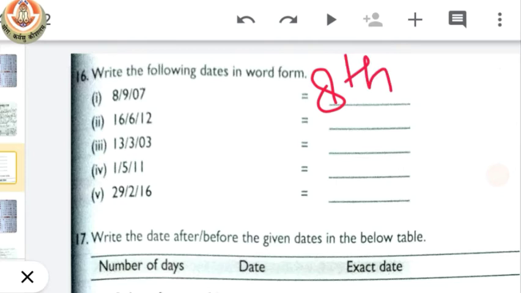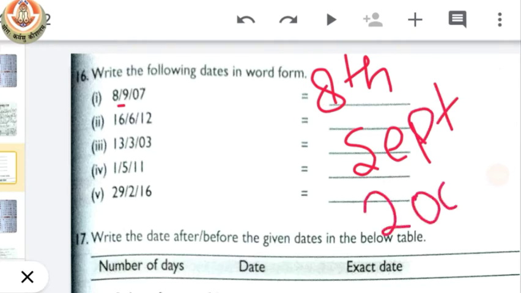For 9, we know in second portion we have month. So we know that September is the 9th month of the year. So after this, we will write 8th of September 2007, as we write 07 for 2007.